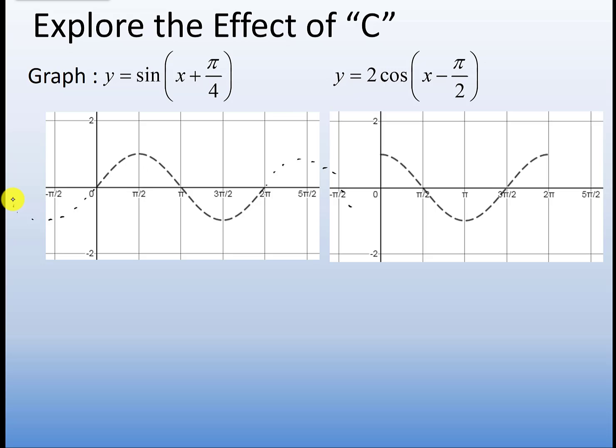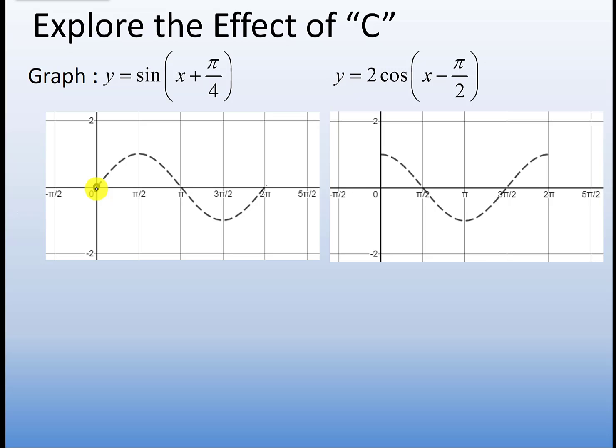In order to help you concentrate on it, you should pick one point to get you started. For sine, one really nice point to study is the point on the origin, because if one point shifts, they all shift. So let's study that origin point and see where it goes.